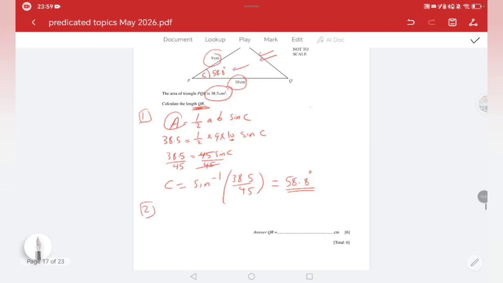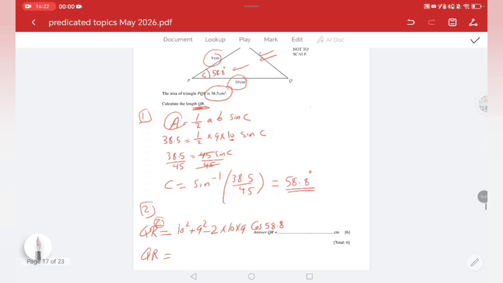So the cosine rule is QR squared equals the two sides of the angle, 10 squared plus 9 squared, minus 2 times 10 times 9 cosine the angle between them, which is 58.8. Take care that the calculator will give you the square, so you will have a big number. Don't forget to take the square root of the answer.